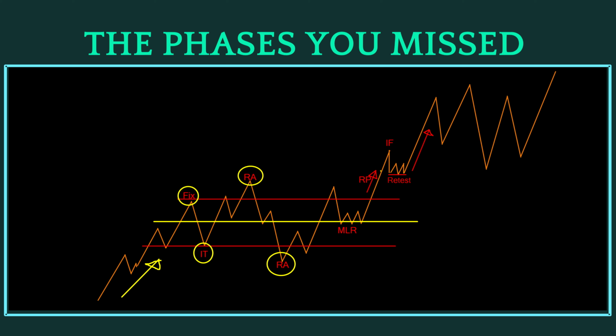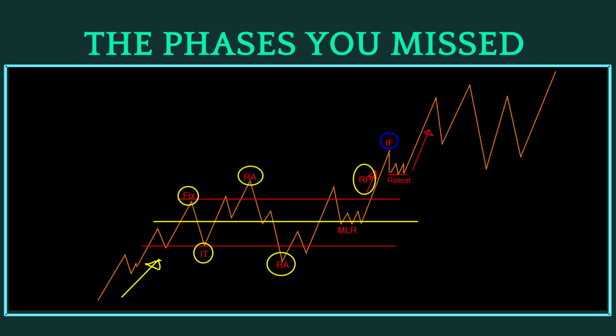Repositioning of the balance. Repositioning of the balance is an impulse outside the boundary of the balance. Outside the boundary. In this case, the upper boundary of the balance. Then the next step is an initial fill. An initial fill is when, in this case, buyers just initially fill their positions, and that's it.